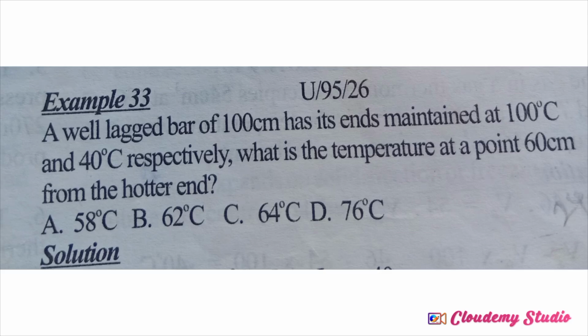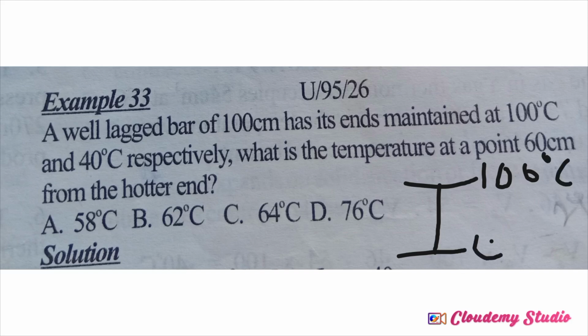They said a well-lagged bar of 100 centimeters has its ends maintained at 100 degrees Celsius and 40 respectively. That means this is the metal bar, the upper end is at 100 degrees Celsius and the lower end is at 40.